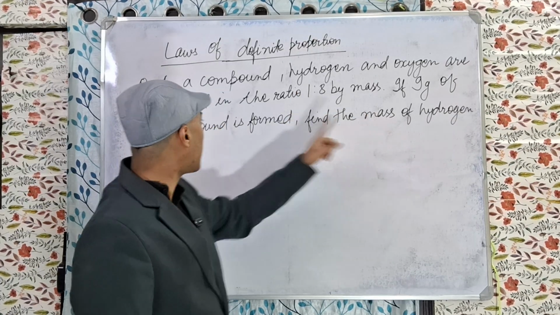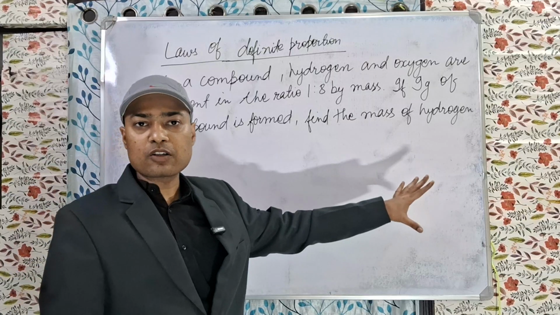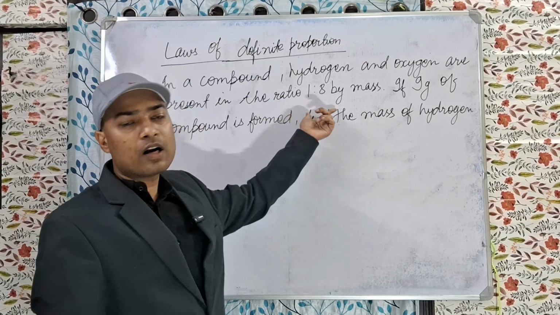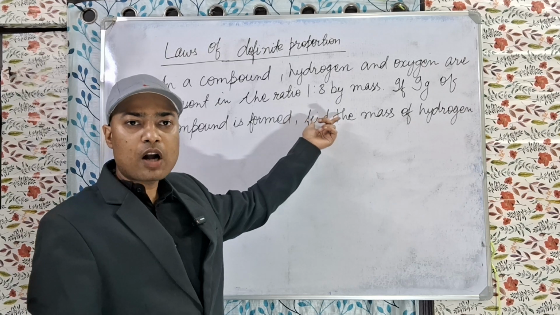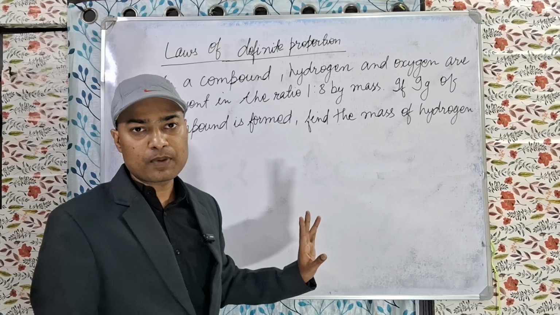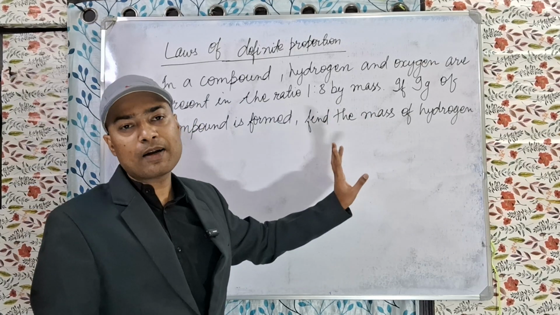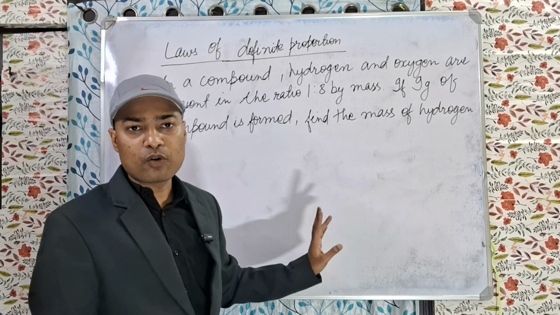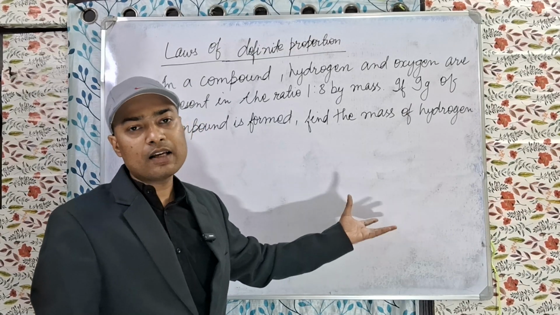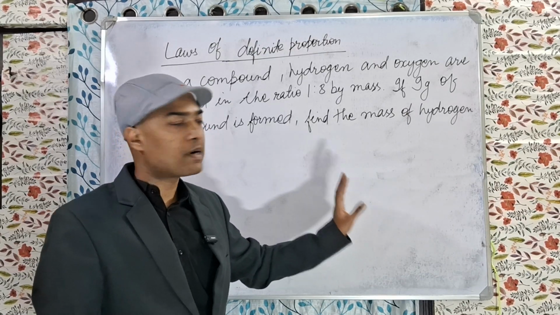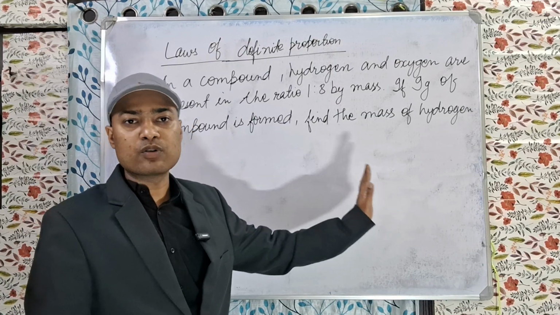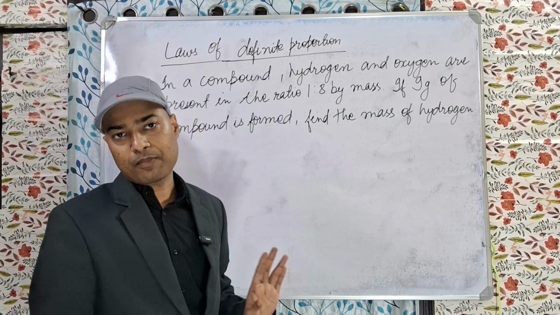Now the question says, if 9 gram of compound is formed, find the mass of hydrogen. Now this is very easy, because the question is telling you, in an implied sense, that in 9 parts of the compound, 1 part of hydrogen is present. And here they have given you exactly 9 gram of compound. That means how many grams of hydrogen will be present? It is very easy. You don't even need pen and paper. 1 gram of hydrogen will be present in the compound.